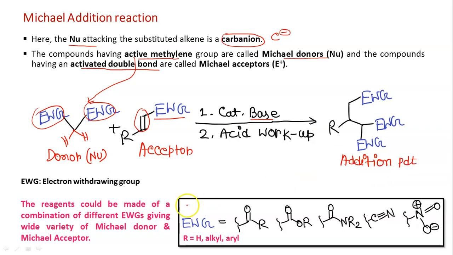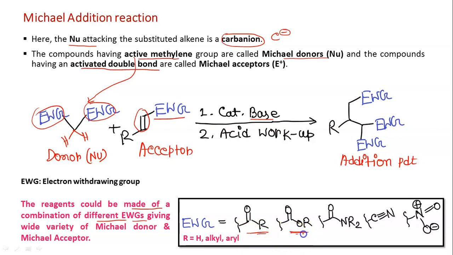And here the electron withdrawing group may be of a variety. So the reagents, both donor as well as acceptor, could be made of a combination of different types of electron withdrawing groups. And as a result, we will get a wide variety of Michael donors as well as acceptors. So with electron withdrawing group, we have carbonyl compound, that is a carbonyl group attached to C=C double bond.